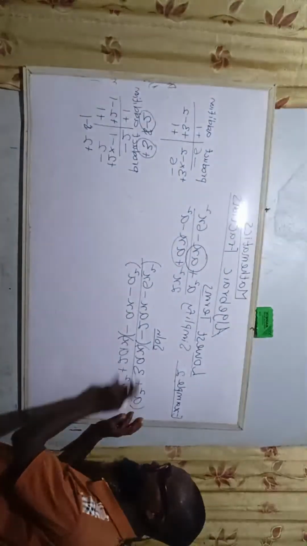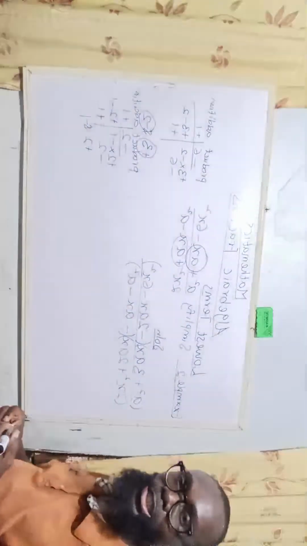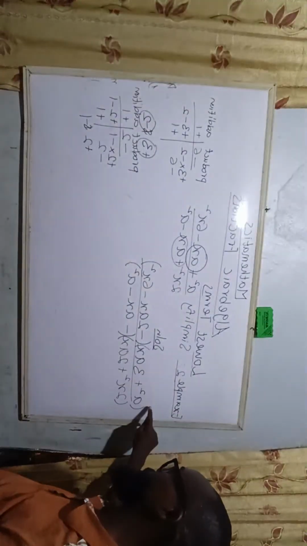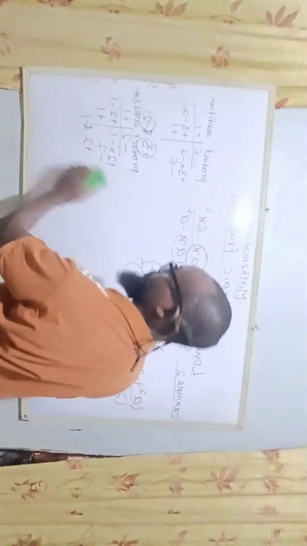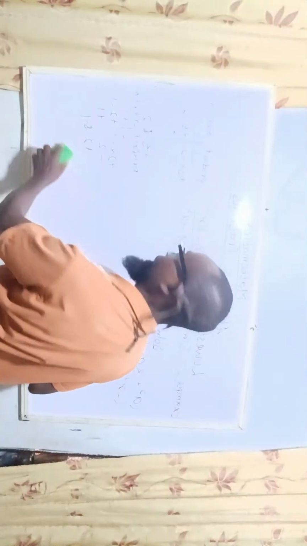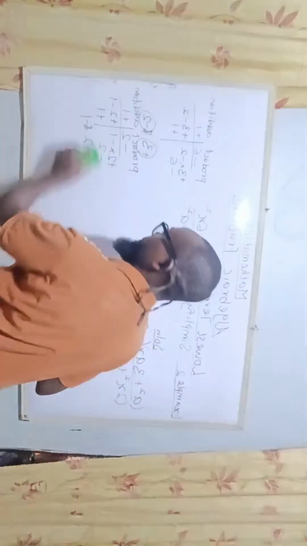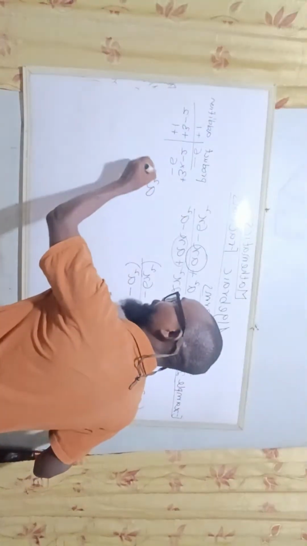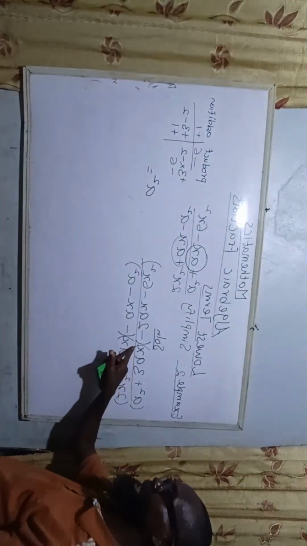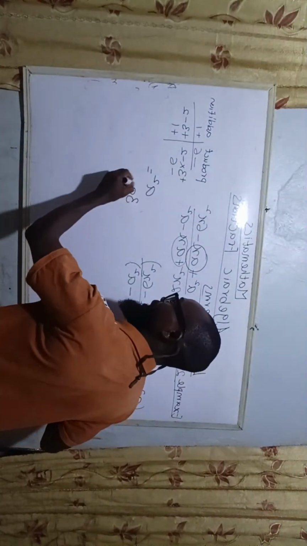So what is common in both of them? According to what we did in our first example, we use something like HCF to get the common factor here. This is A squared, and this is 3AX.